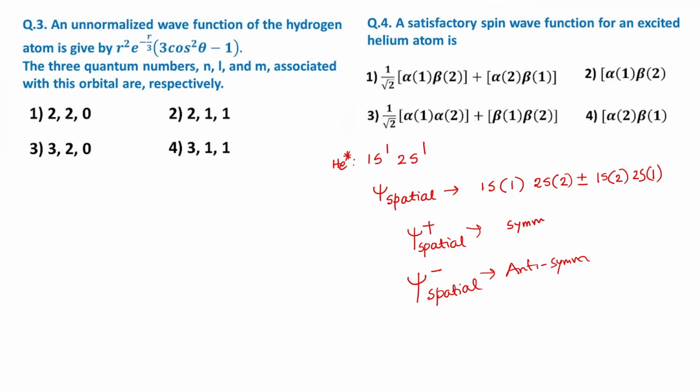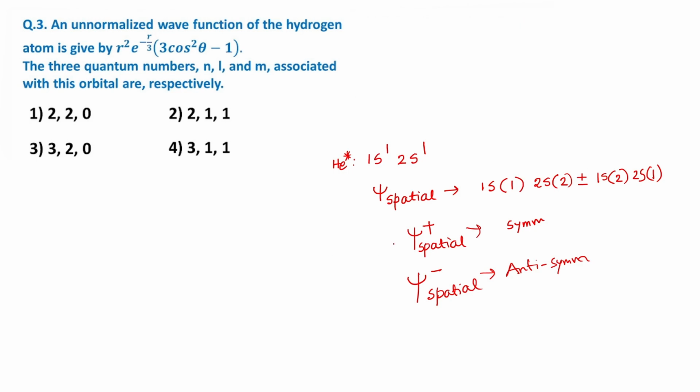If the electrons are exchanged, the plus combination stays symmetric and minus is antisymmetric. And whatever we have learned, fermions follow an antisymmetry principle, right? So this is the symmetry of the spatial part: psi plus is symmetric and psi minus is antisymmetric.